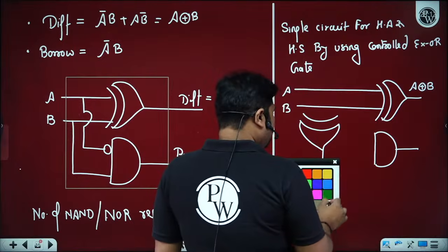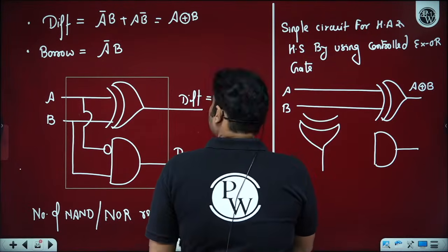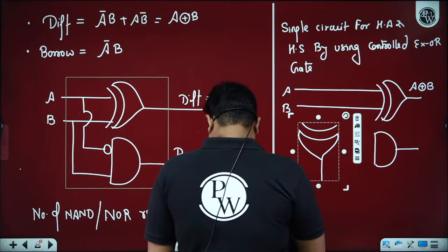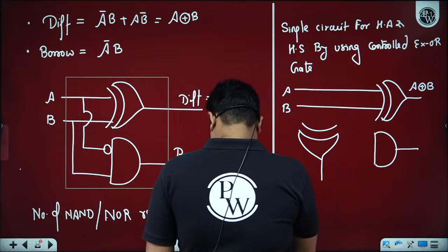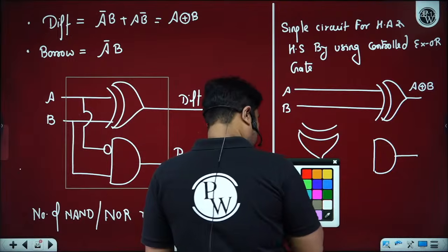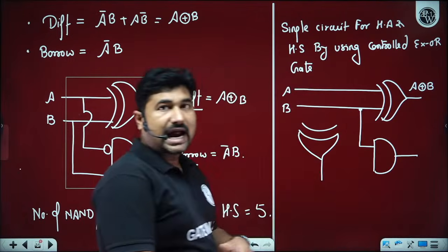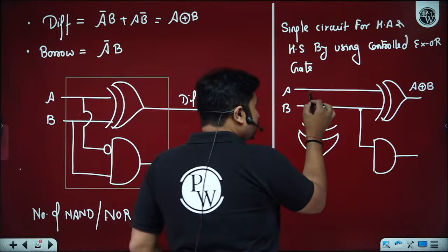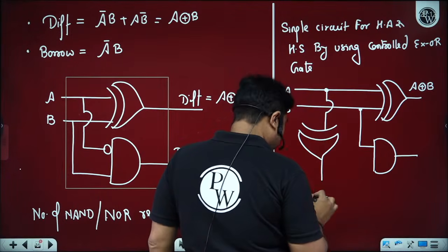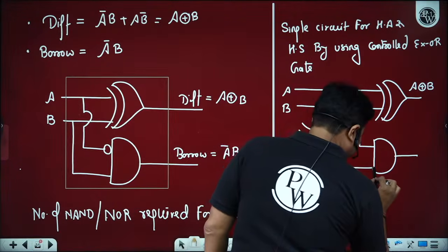If we talk about the AND gate, for the adder we have AB. Is it okay? Yes, sir. For the adder we have AB as a carry.